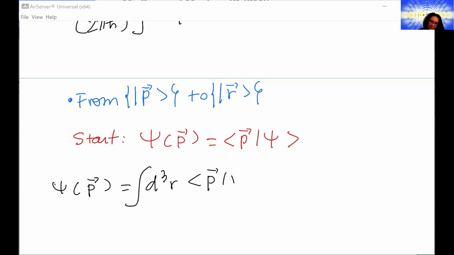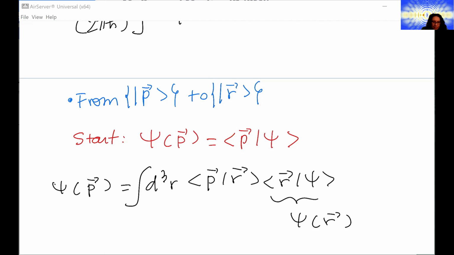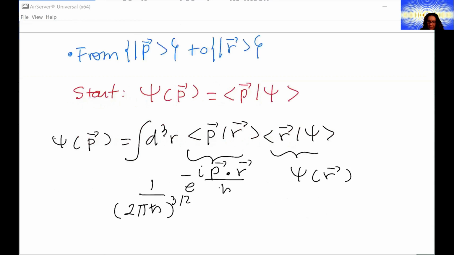So this we know, this is psi R. And this guy here we also know is 1 over (2 pi h bar) to the 3 halves, e to the minus i p scalar r divided by h bar, which means that psi P is 1 over (2 pi h bar) to the 3 halves, integral d3r e to the minus i p scalar r divided by h bar, psi R.